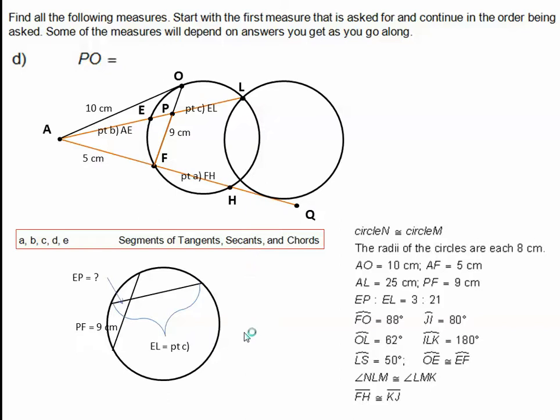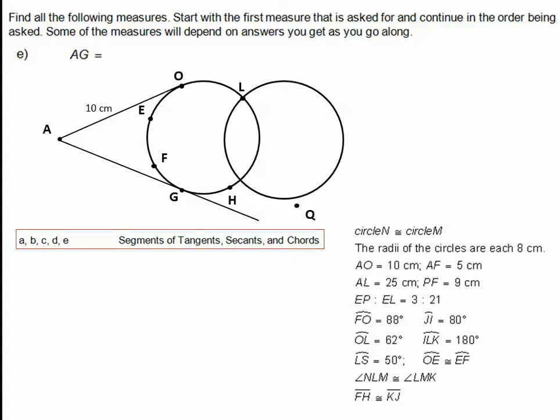They want you to find out what PO is. So you're going to need to figure out what EP is. And you found out EL in part C, so that'll help you figure that out. So you're going to use all that information to help you figure out what PO is. Now for AG, you're still looking in the same lesson and figuring out what AG is.